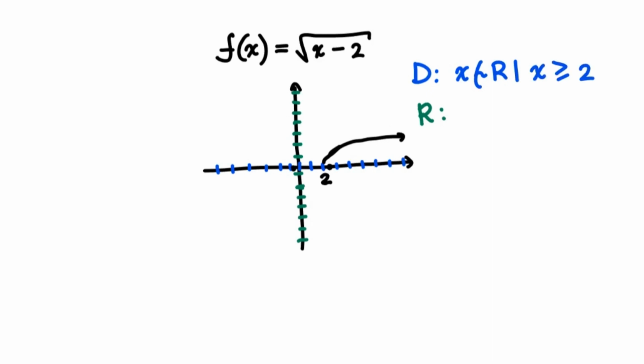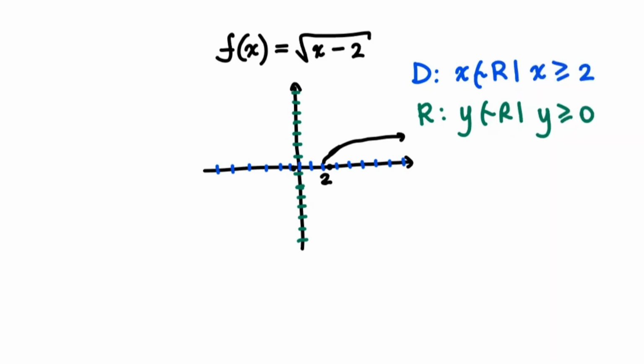There are also restrictions on the range. My function exists only above the x-axis or at the x-axis. It does not exist below the x-axis. Therefore, only positive y values or 0 satisfy my function, but not negative ones. So I will say that y can be all real numbers, but y has to be greater or equal to 0.